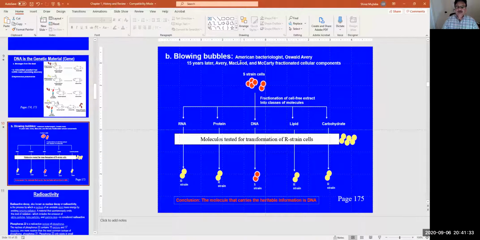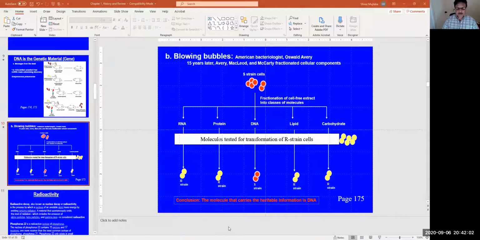They were scientists in New York, in Manhattan, at Rockefeller University, which is located on 68th and York Avenue, just near Sloan Kettering Memorial Hospital. What these scientists did, they took the smooth strain and extracted RNA, protein, DNA, lipids, and carbohydrates.